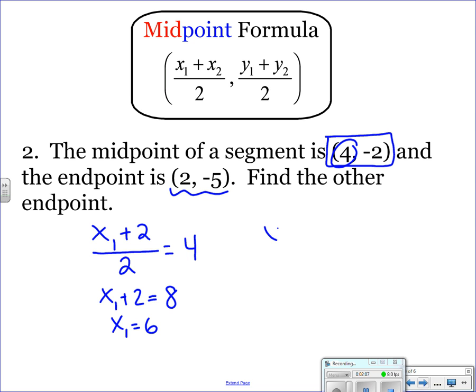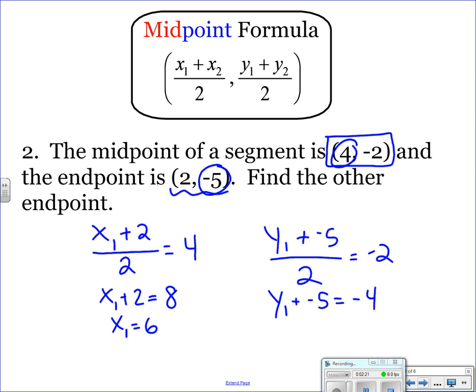Now the other endpoint, y1 plus this y coordinate over 2 equals the other y coordinate. Multiply by 2. Add 5. So we get our midpoint, I'm sorry, our other endpoint to be 6, 1.